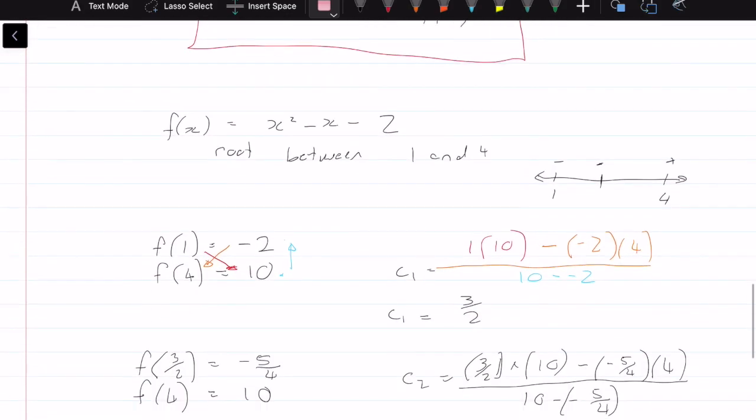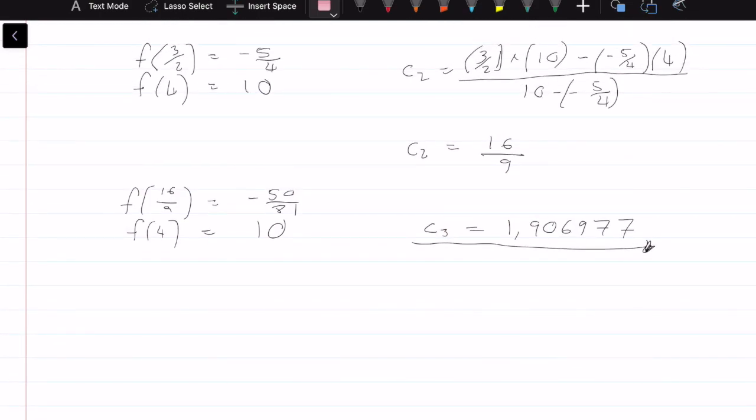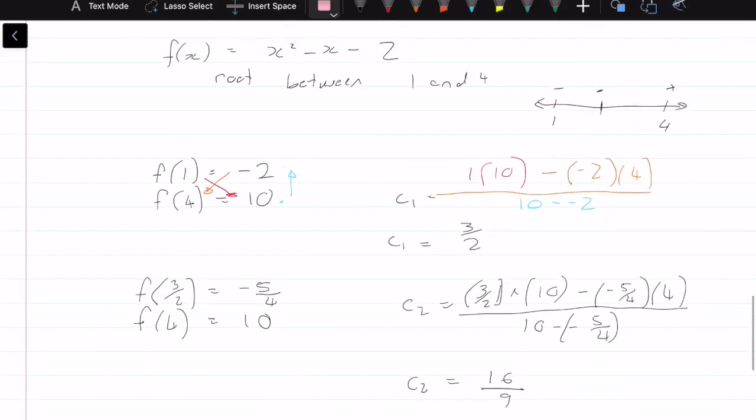So our answer using the false position method is better. The reason why we would use the false position method is that the intervals it goes down in are not always a half, compared to the bisection method, which is always a half. So in this case, we get to the root much faster than the bisection method.